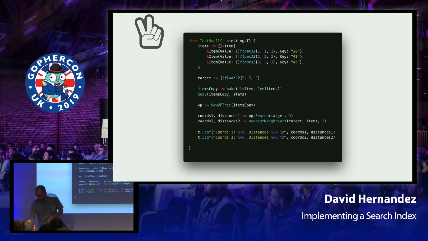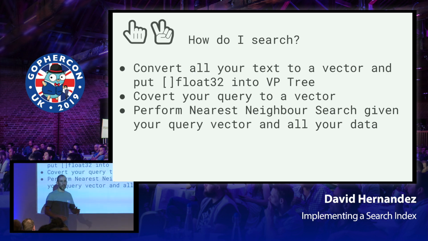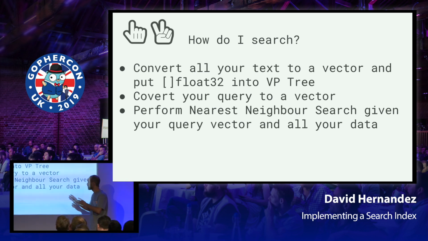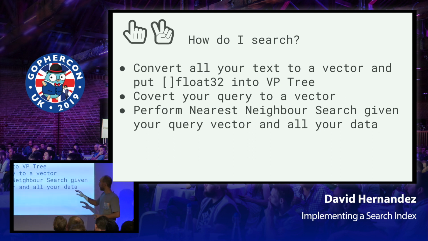So far, so good. As quickly as that, I explained step 1 and step 2. Let's quickly see what it was. Step 1 is just convert all your text to a vector and put it into a BP-tree.